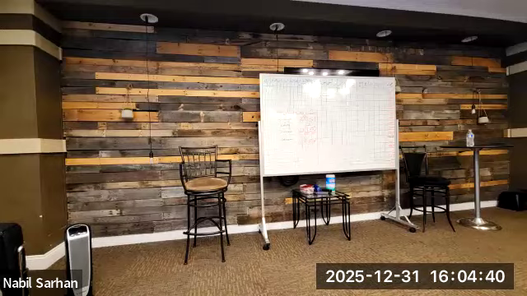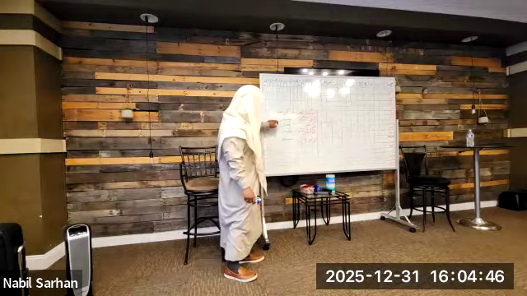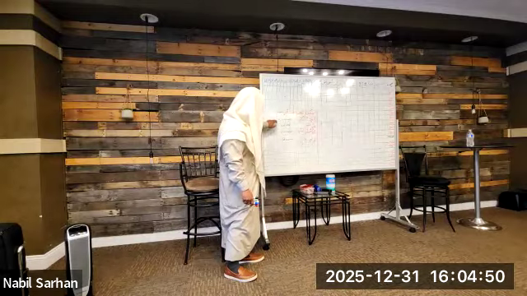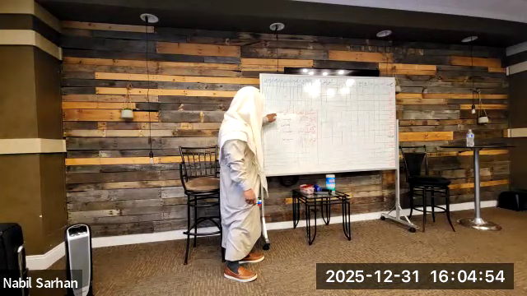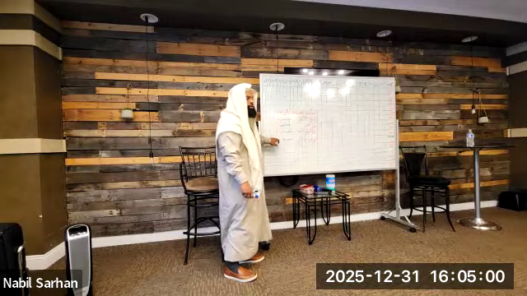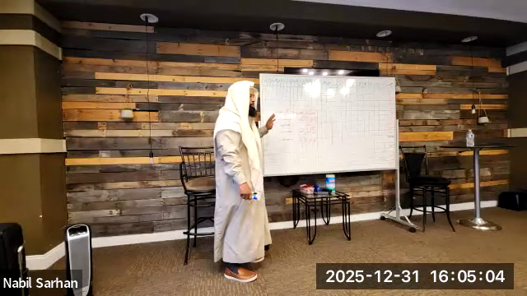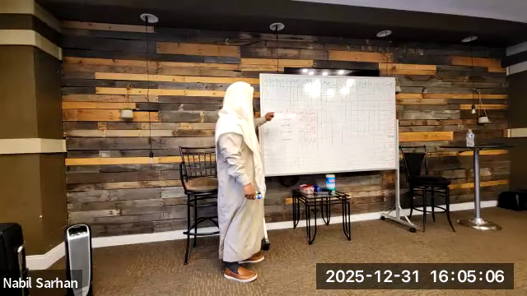So how many considerations do we have here? 1, 2, 3, 4. Sorry, this is one consideration. So 1, 2, 3, 4. 4 considerations.